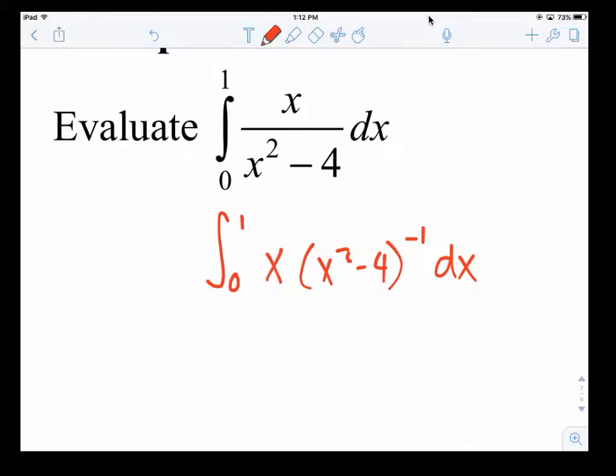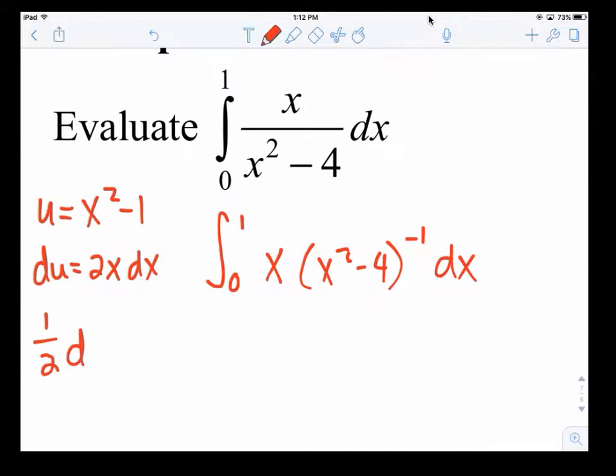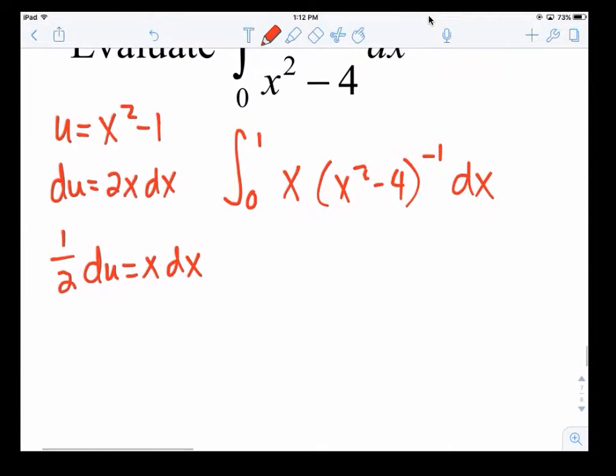All right, so my u function would be what? du is 2x dx, so I'm off by 1/2. Okay, sorry?